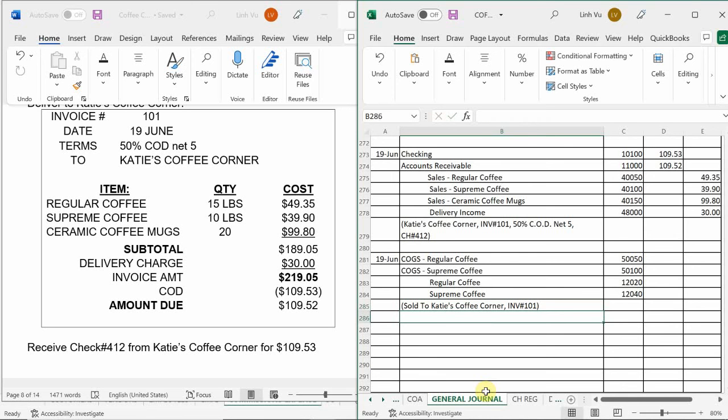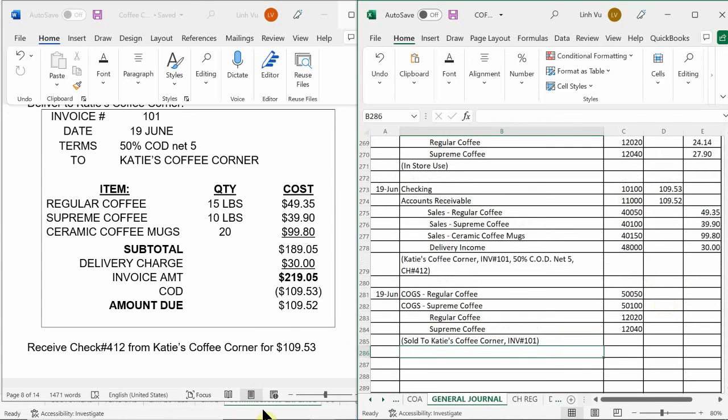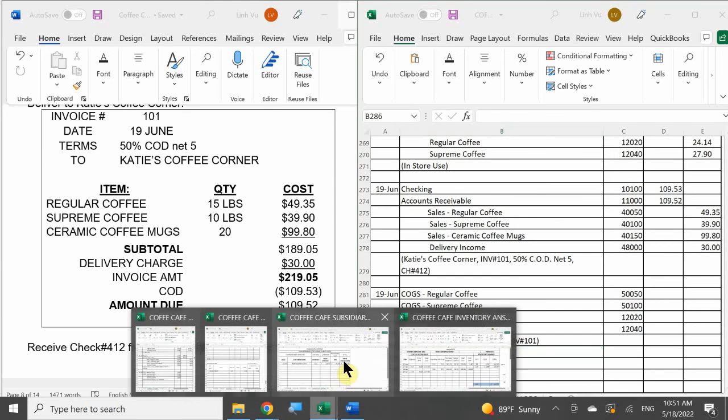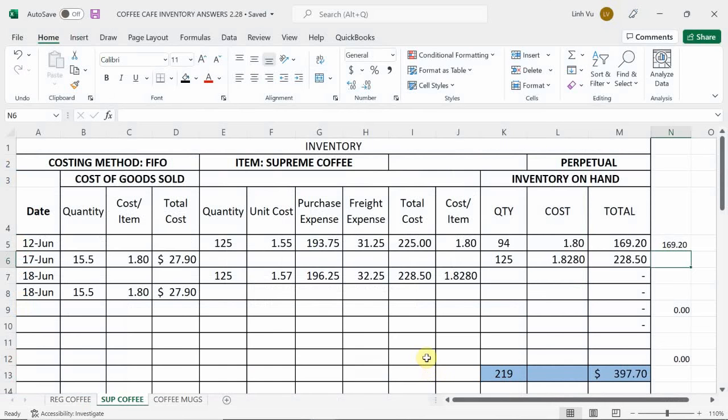Just so then I can back it up, right? In case Katie decides to return the coffee, we have the information and proof that we actually sold it to her. Okay? So in this case, I need to go to my inventory worksheet so I can calculate what the total cost of goods sold is.